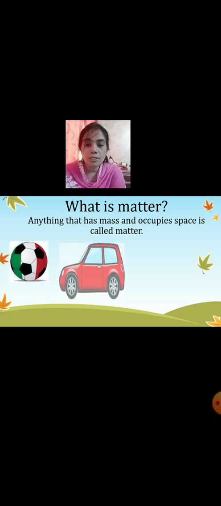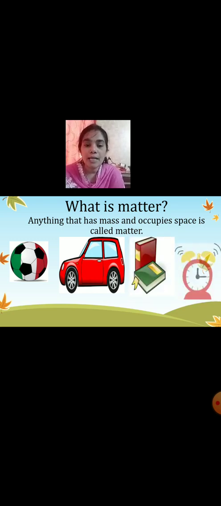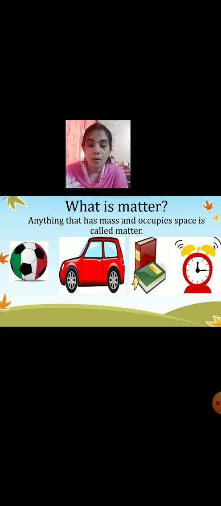So what is matter? Anything that has mass, that is weight, and occupies space is called matter. Mass means weight. So these are examples I'm showing here: ball, car, book, cloth, and many things we can list out. So all these are called matter.